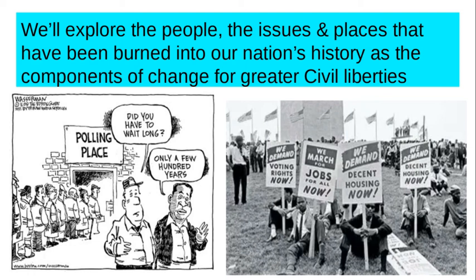Like the equal access to voting rights, the equal access to fair housing, equal education. All of these things we're going to explore, as well as the famous people like Dr. King and the famous places like Selma, and how they connect to, even now in 2020, taking advantage of your civil liberties.